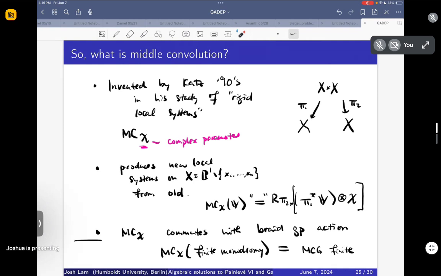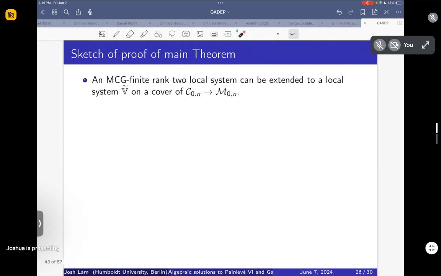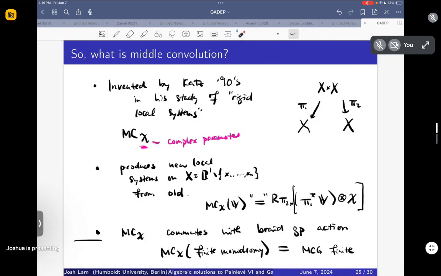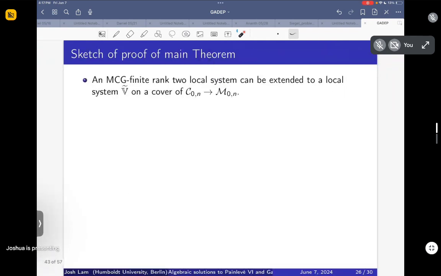Thanks a lot for the great question. But I should say, of course, what Katz does is that in the case of rigid local systems on P1, you do get everything in this manner. That's also one reason why we thought maybe it's true. But unfortunately, life is not so good.